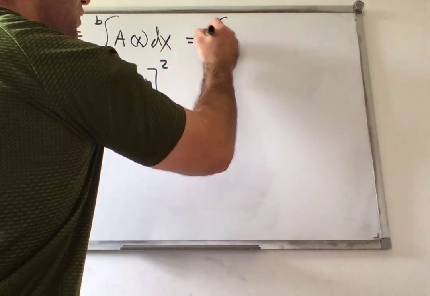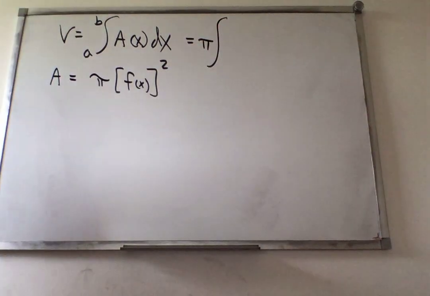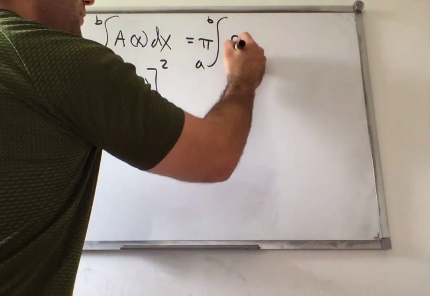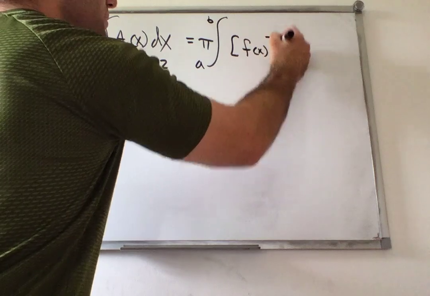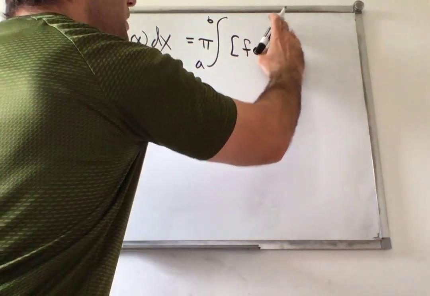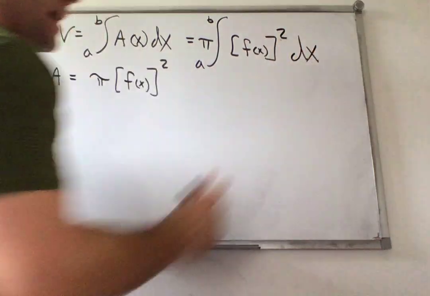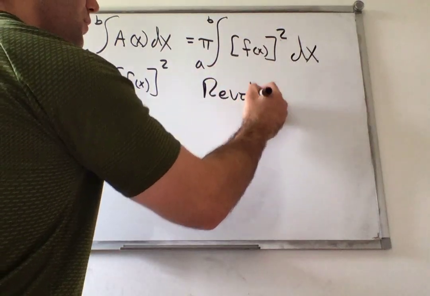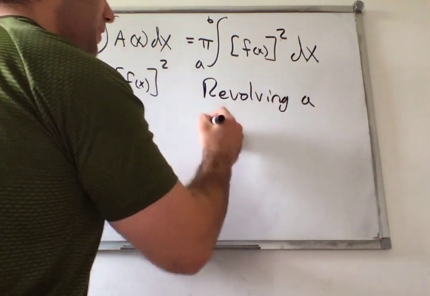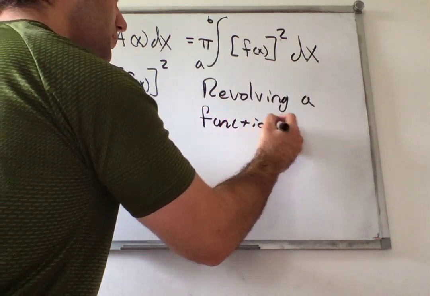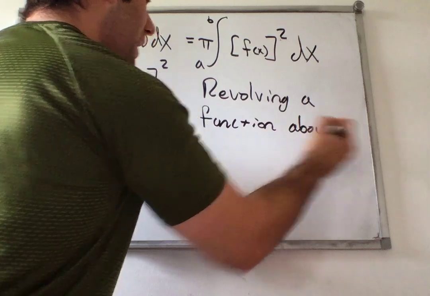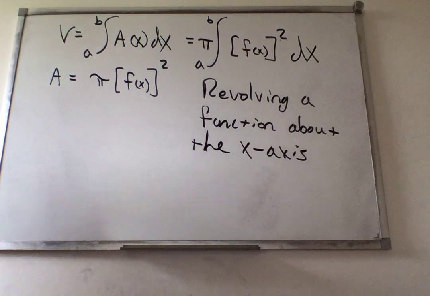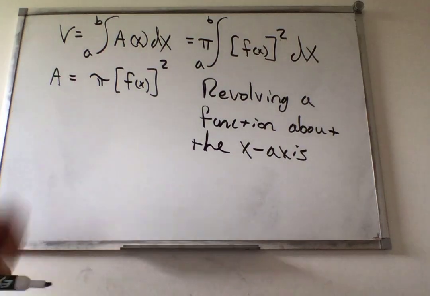This becomes the integral, I'm going to bring the pi on the outside because pi is just a constant, from A to B of f of x squared dx. So this is revolving a function about the x-axis. We're revolving it around the x-axis.